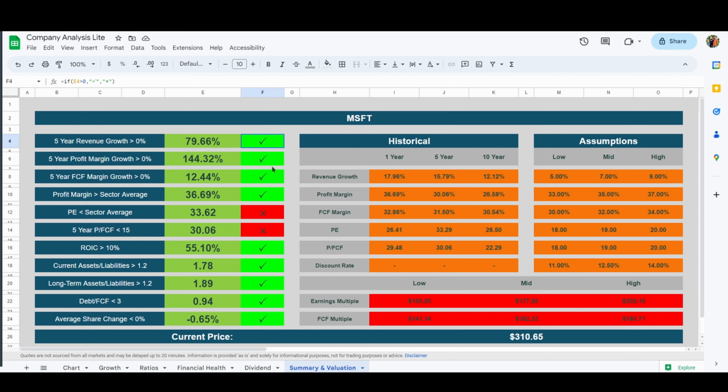I mean, you can see all of the other checks here. In my opinion, Microsoft is actually a better company fundamentally than Apple. So right. So now, let's look at the in-depth stock analyzer platform.